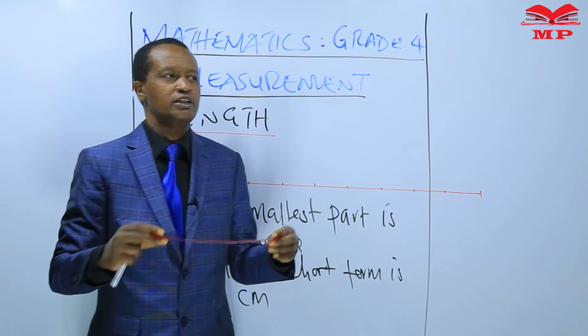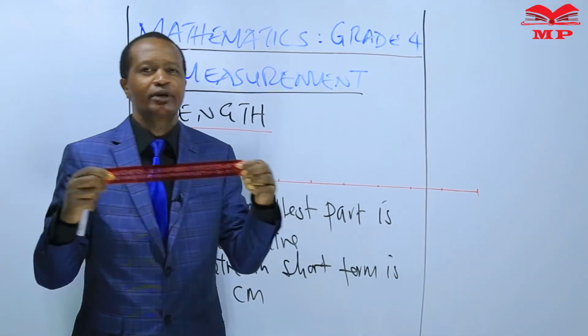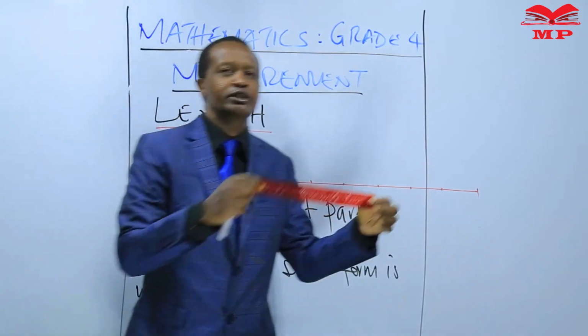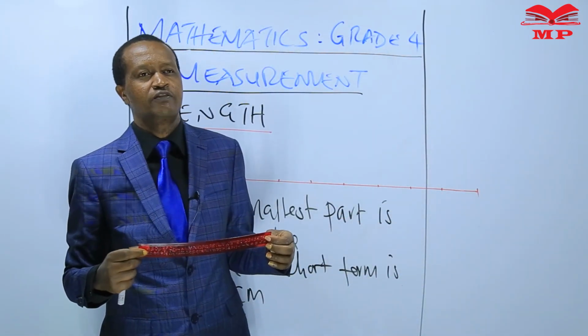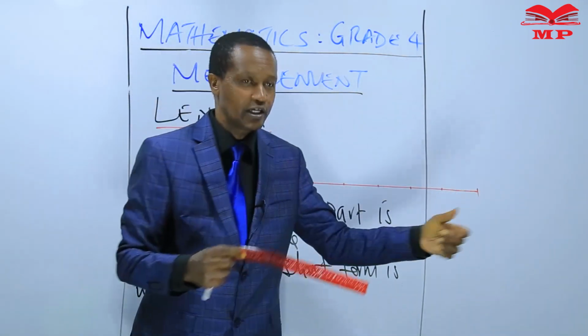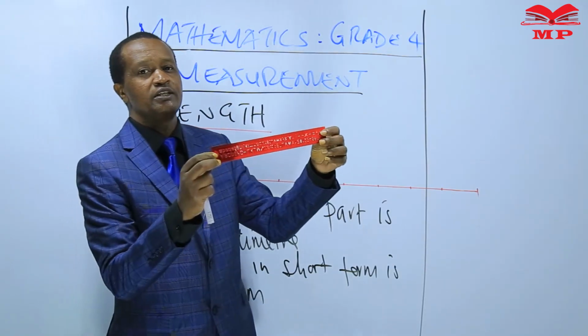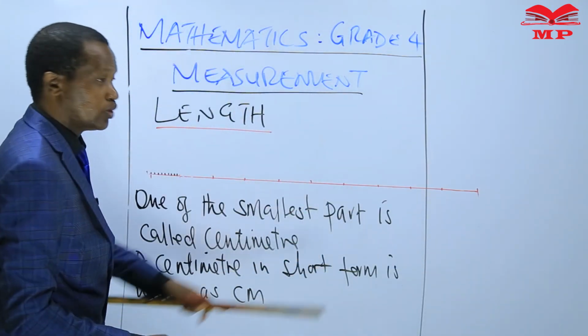And I've said that short lengths are measured in centimeters. If I was to measure a long length, then I'll not use this small ruler. I'll use the 1 meter ruler.